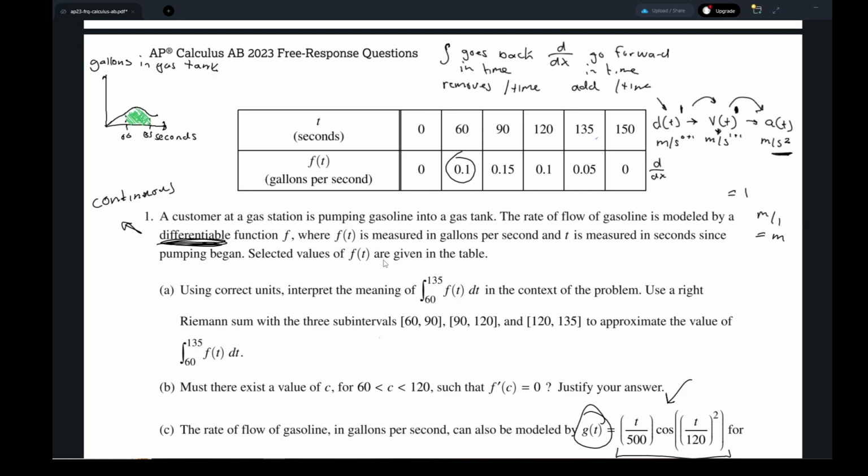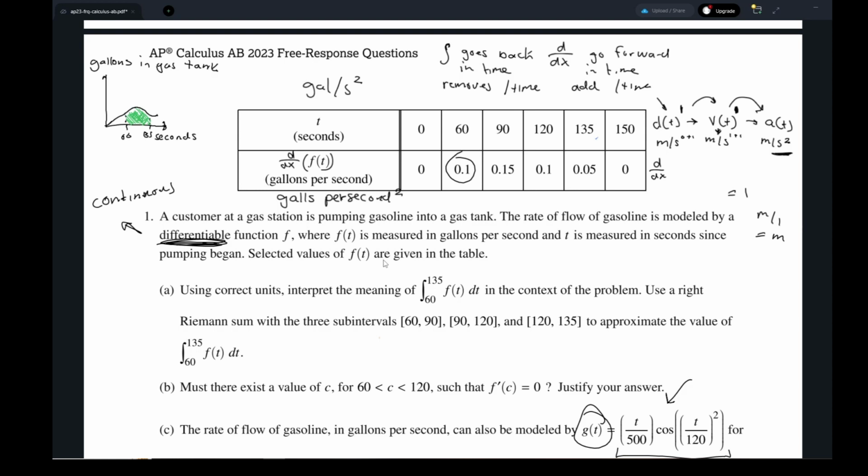So I'm adding time. Really, f of t, if I were to differentiate this, is just going to be gallons per second squared. If you don't like to think that way, we're finding the slope of the slope. So we're really finding the rate of change of the rate of change.